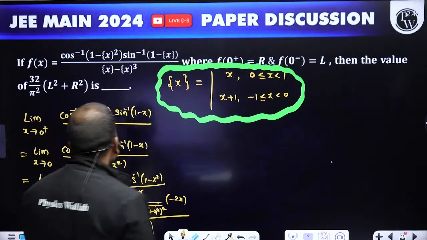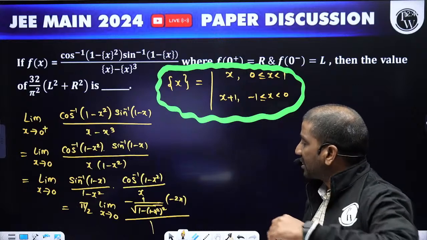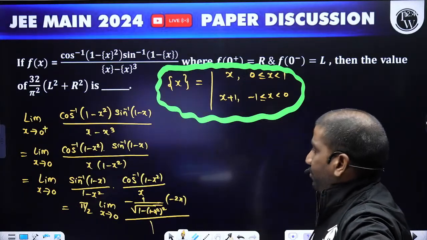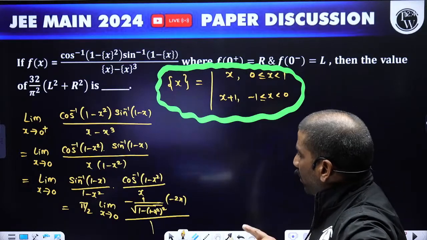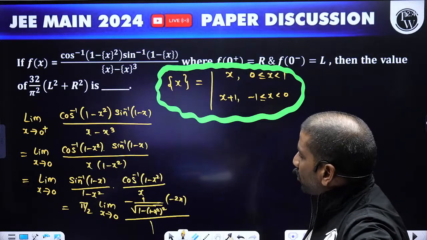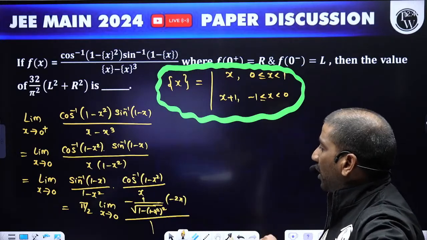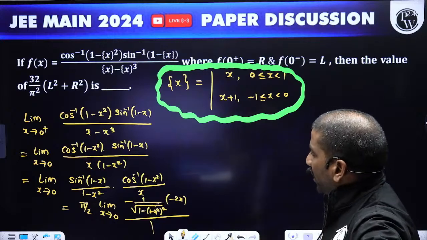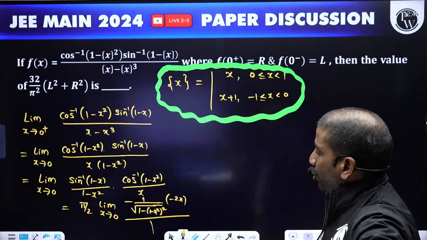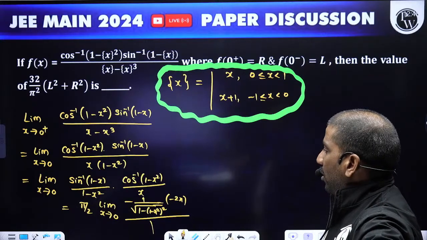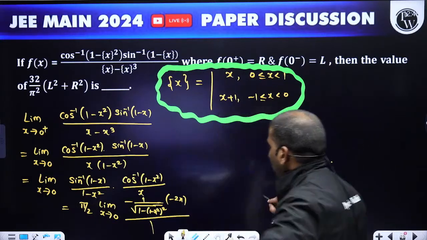So this is the cos inverse of 1 minus x square by x as x is tending to 0, cos inverse of 1 is 0, 0 by 0 form. Then I have applied the derivative of cos inverse x, minus 1 by root 1 minus x square, right?